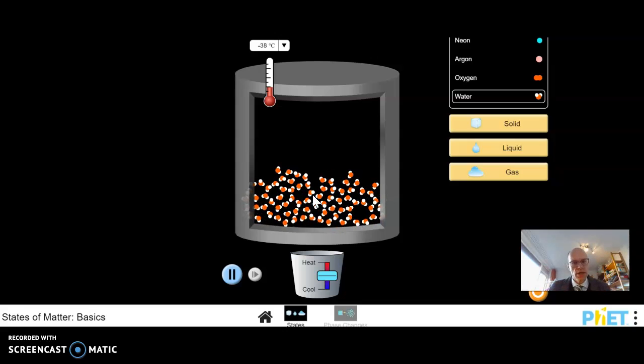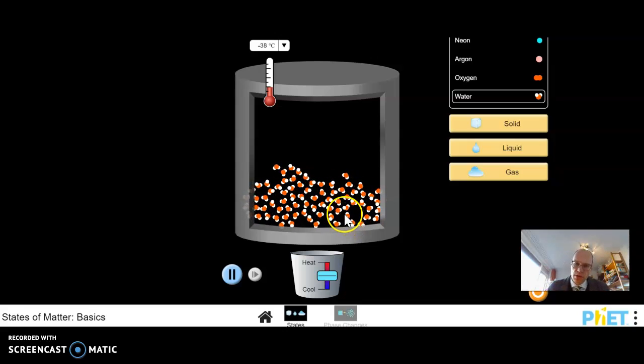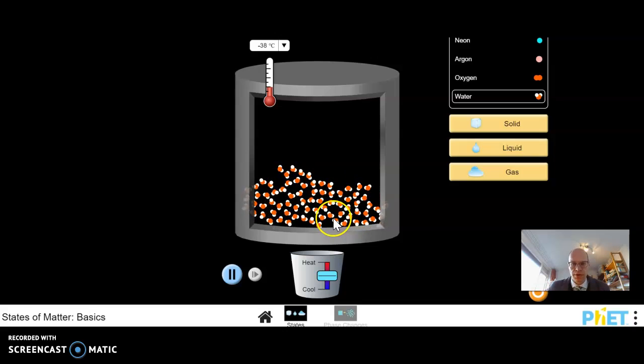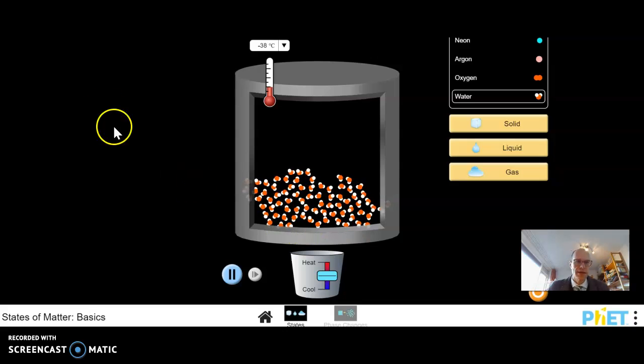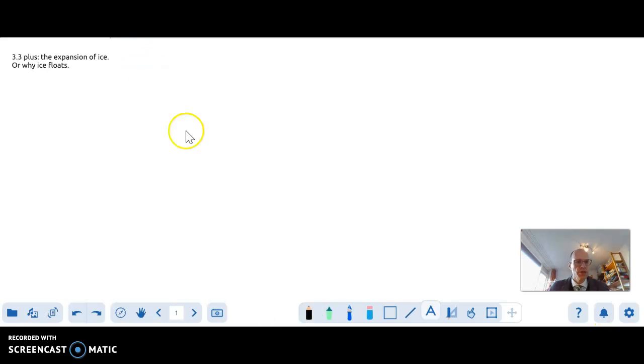That is only the case with water because it forms a crystal lattice, and water molecules need more space to form that crystal lattice. So what is that?